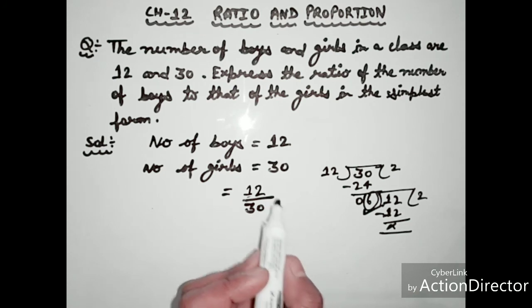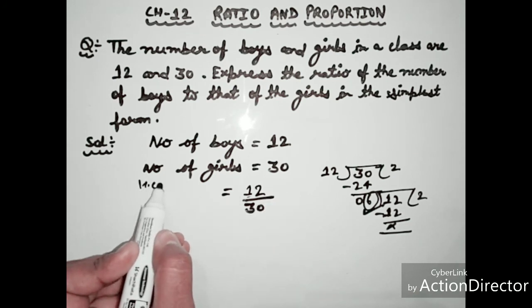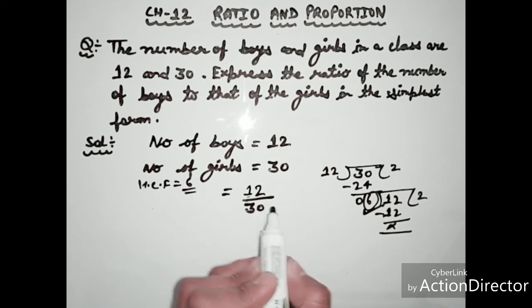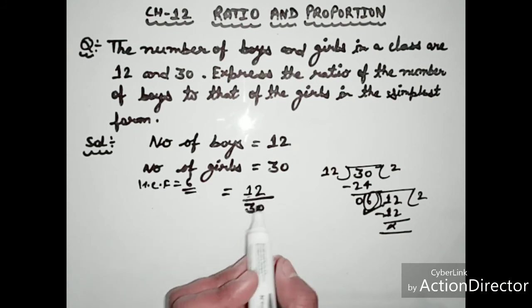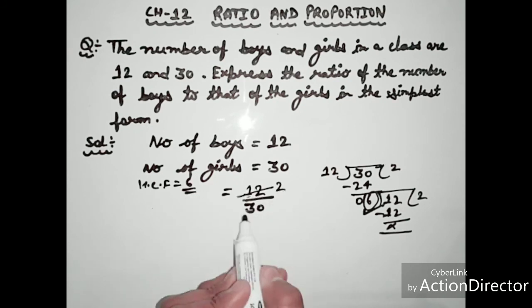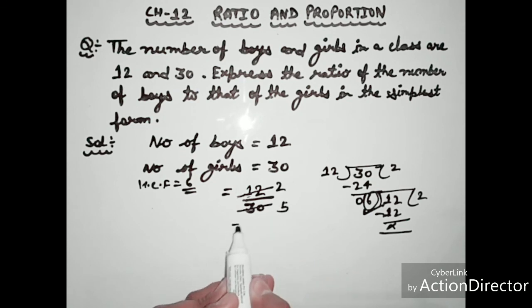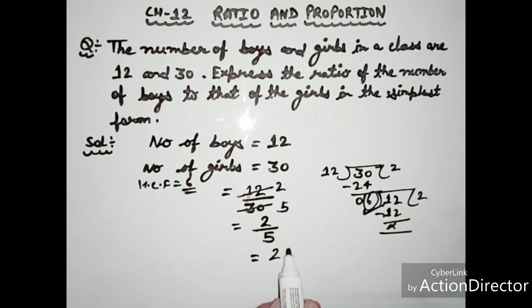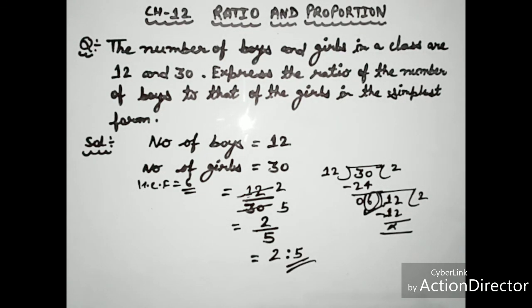So the HCF of these two numbers is equal to 6. So here we divide both numbers by 6. 6 twos are 12 and 6 fives are 30. Here we get 2 upon 5. In ratio form we write 2:5. So the ratio of boys to girls in simplest form is 2:5.